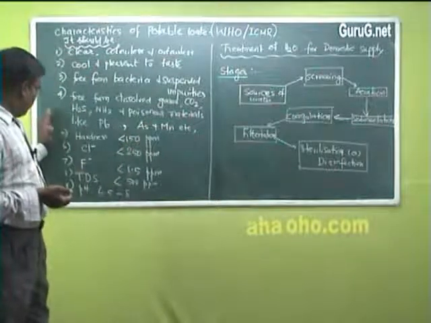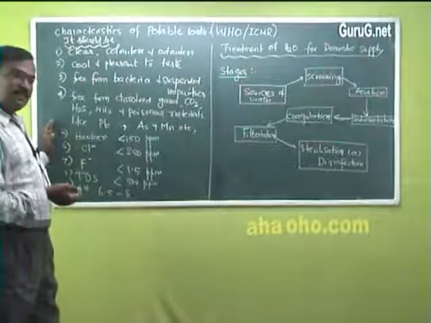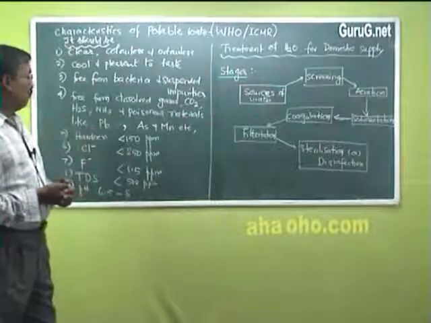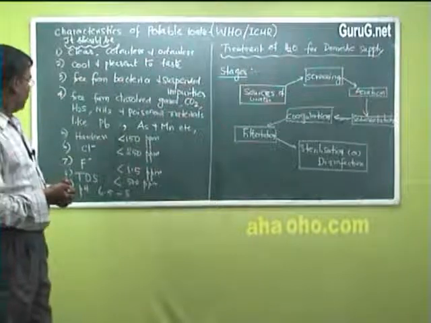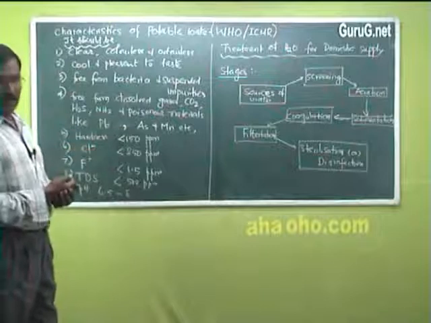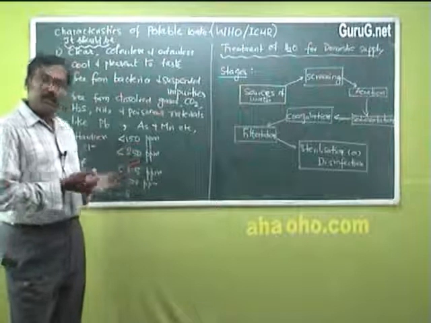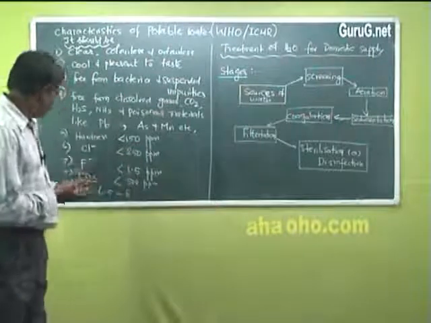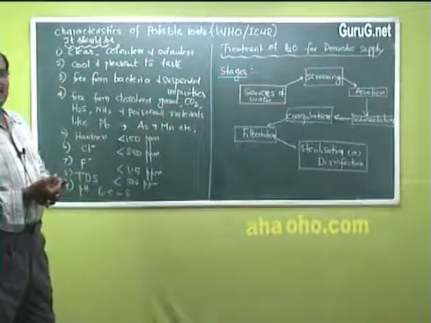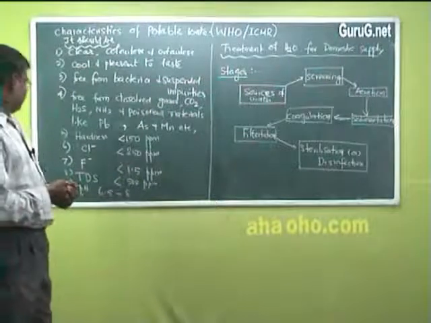When we come to the physicochemical parameters, the hardness of water should be less than 150 ppm, and chloride concentration, chloride not Cl2, should be less than 250 ppm, and total dissolved solids should be less than 500 ppm.